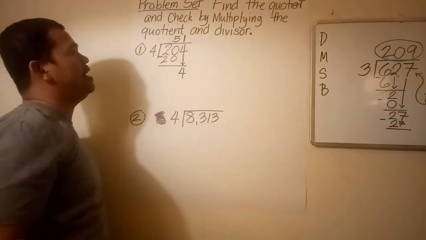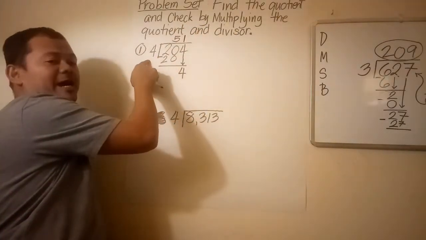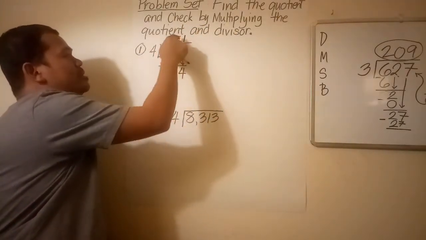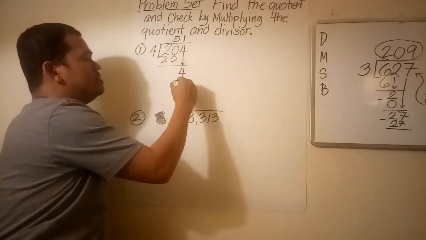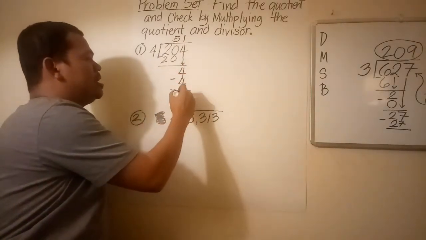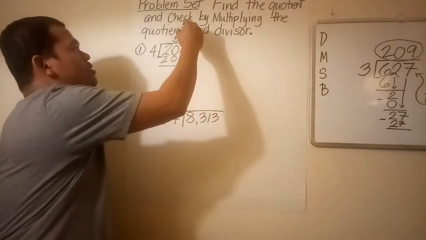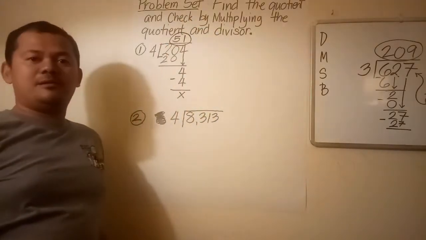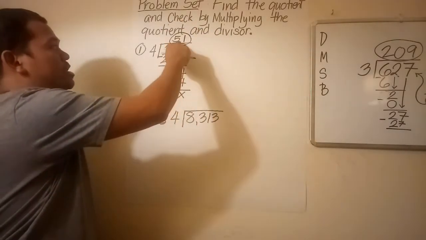So right here, 1. Then after we divide, we multiply 4 times 1 is equal to 4. 4 minus 4 is equal to 0. You can write X there. So the answer is 51. We got already our quotient.